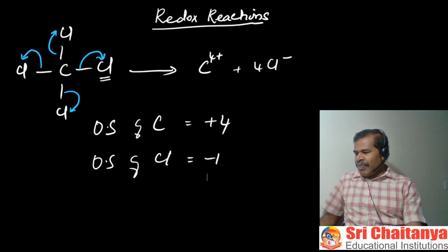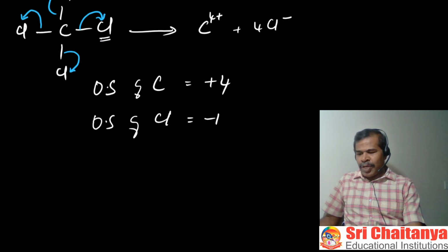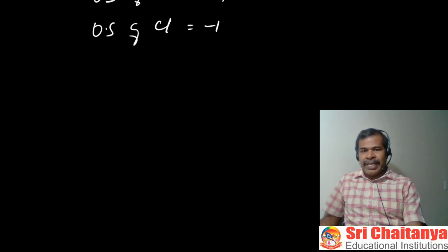So we will just have a look at certain compounds where the oxidation state is going to be different for different elements. I'll start with this example, Mn3O4.